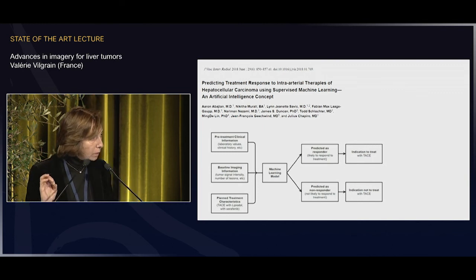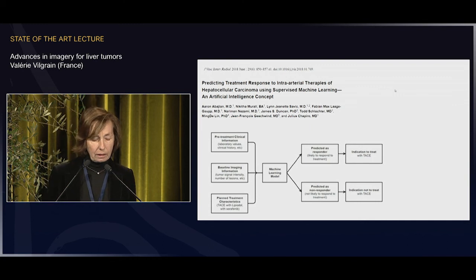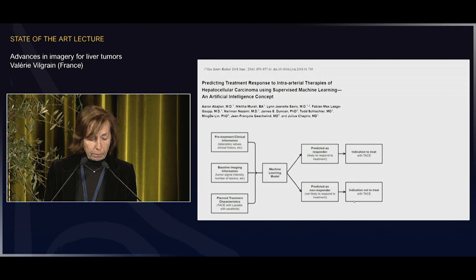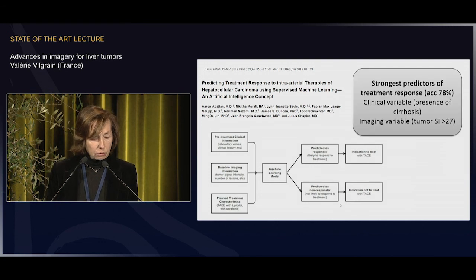But radiomics, with the help of artificial intelligence tools, is really changing the paradigm. Because here we put in deep learning and machine learning models, and we predict whether the patient has good predictors of tumor response or poor predictors. And this is really changing.